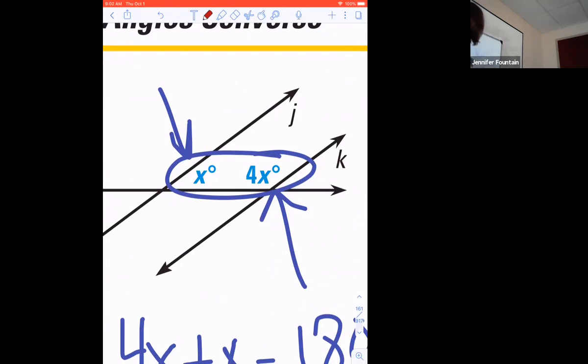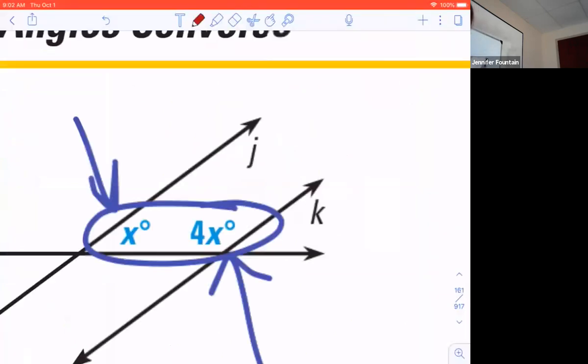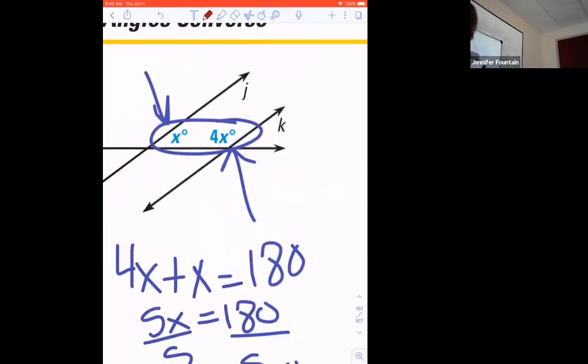If I had one located here, if this x was just moved right here, and this one was here, then I would say x is equal to 4x, okay? So if they were in corresponding locations, I would set them equal to each other, but because these are consecutive interior, adding them together equals 180.